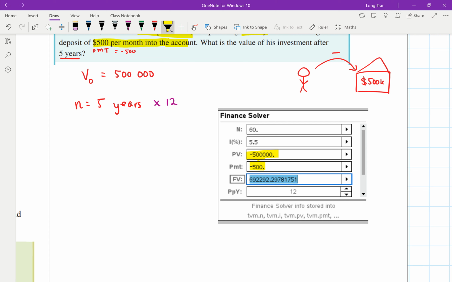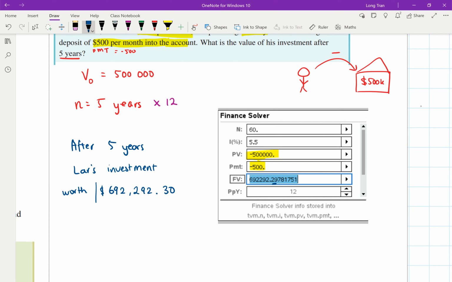So really, the answer is: after 5 years, Lars' investment will now be worth $692,292, and rounding off to the nearest cent, you can see it's 29, but with the 7 that rounds up to 9 and hence rounds up to 2, so it is now 30 cents.